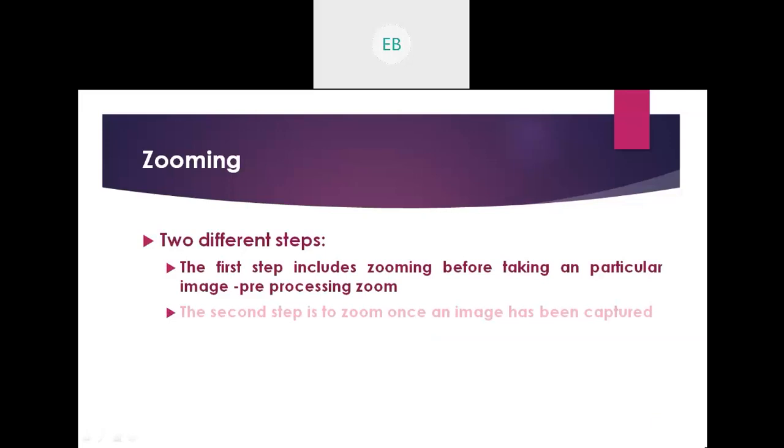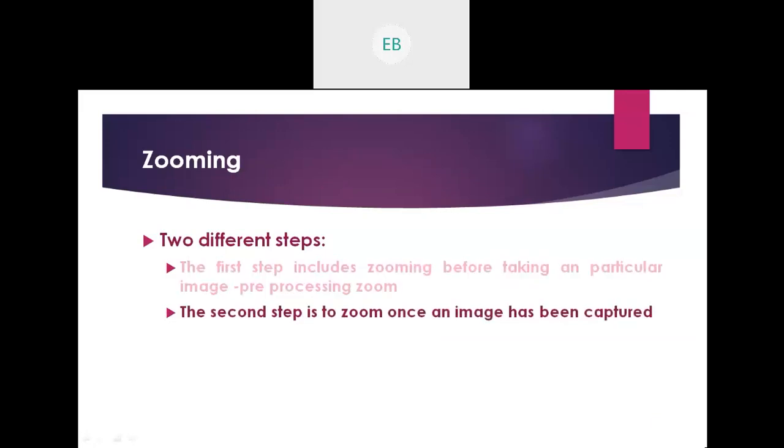That is, this involves some hardware and mechanical movement. And the second is to zoom an image once it has been captured. This is done using various algorithms in which we manipulate the pixels to zoom in the required portion. We don't want to zoom the whole image.